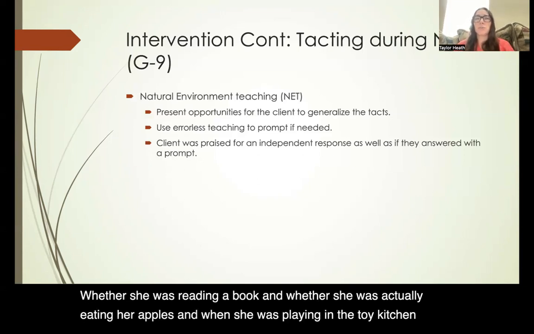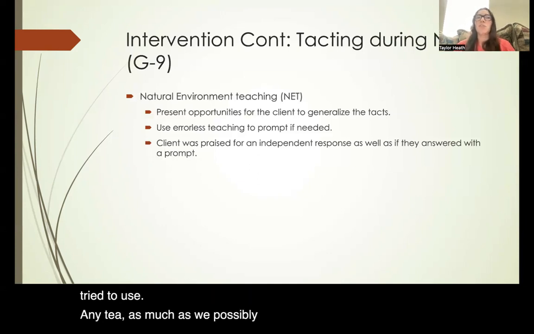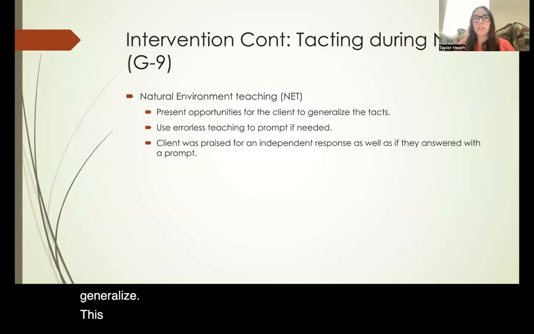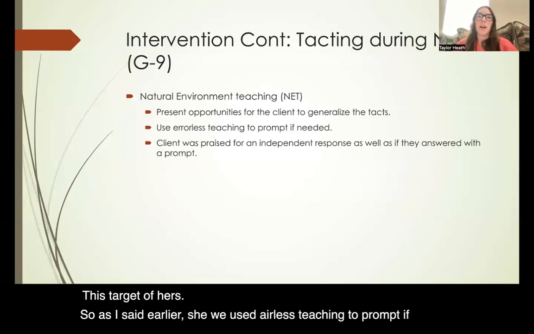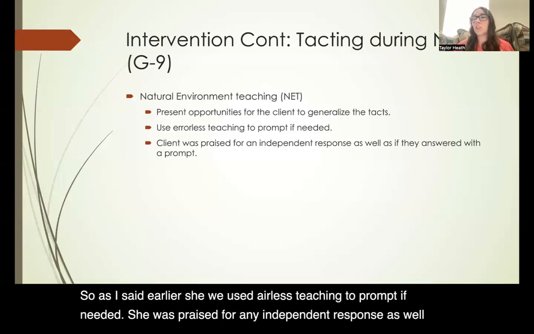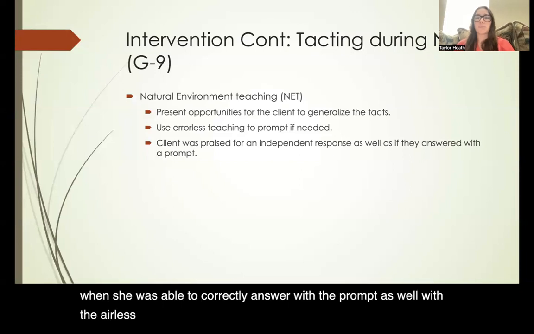We tried to use NET as much as we possibly could, so she would be able to generalize this target of hers. So as I said earlier, we used errorless teaching to prompt if needed. She was praised for any independent response, as well as when she was able to correctly answer with the prompt, with the errorless teaching.